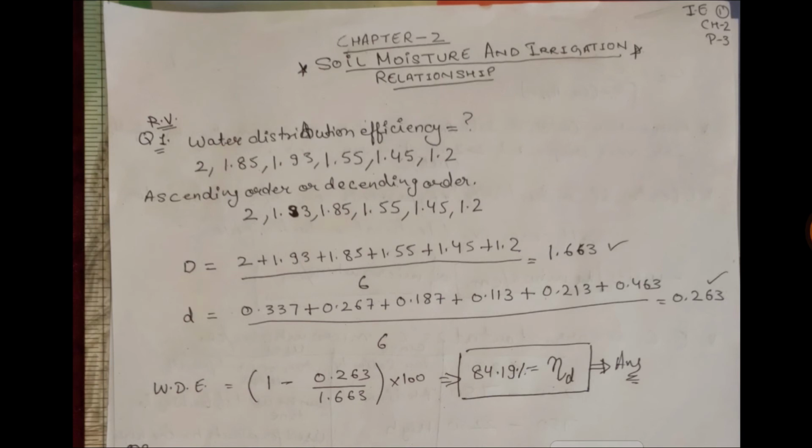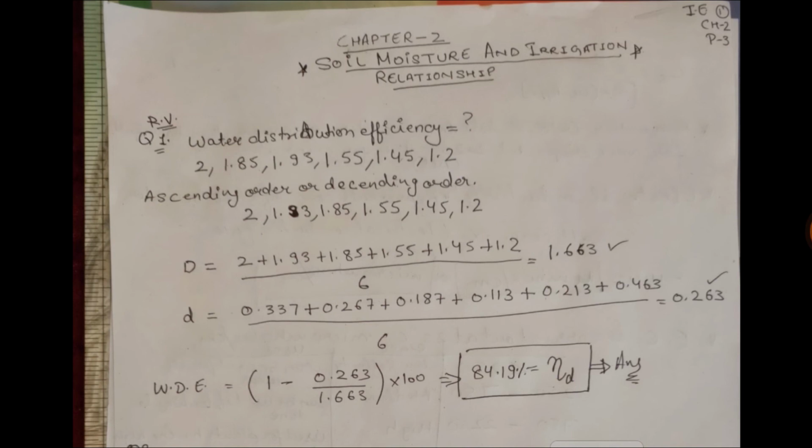For capital D we have calculated 1.663. Now 1.663 will be subtracted from 2 for the first value, giving 0.337 for small d calculation. Then 1.93 minus 1.663 gives 0.267, and so on, to the last value 1.2, which gives minus 0.463, but the minus is to be neglected.